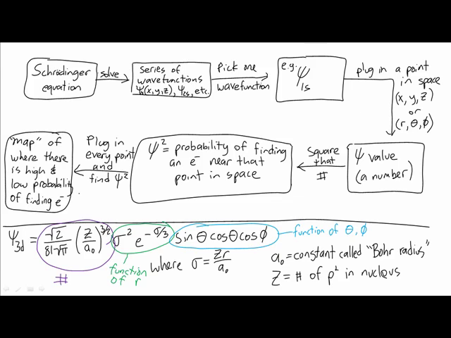But I think it can be really helpful going forward because at some point when we talk about bonding, we will talk about the way orbitals can overlap with each other, and the way orbitals can combine. You can take one orbital and combine it with another orbital. And that's a mathematical process of adding two things.